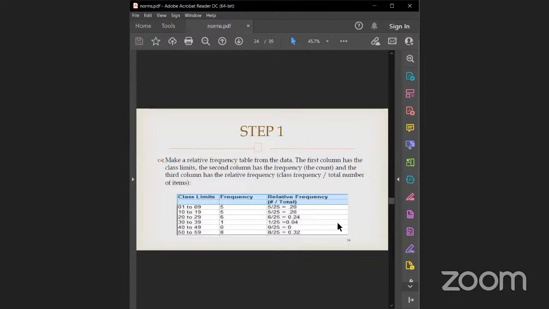So this is what we need to understand. Let's say we have a set of scores, right? We're now going to get all these class intervals when we talk about our raw scores. We're just going to collect these totals from our subjects, and we need to organize it into these class intervals. Am I correct?